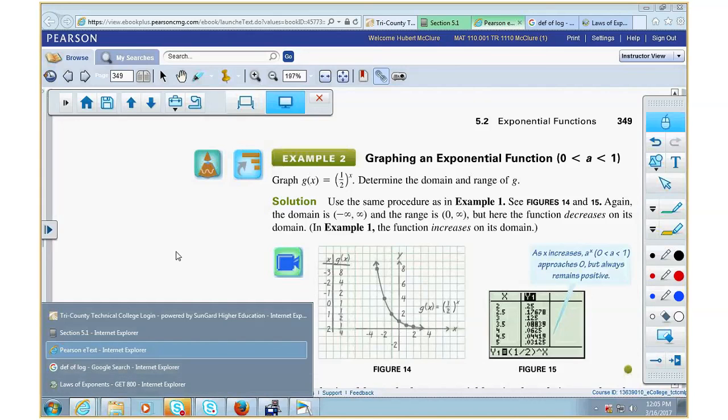Y'all with me? Okay. All right, so let's look at logarithms, which is 5.3.